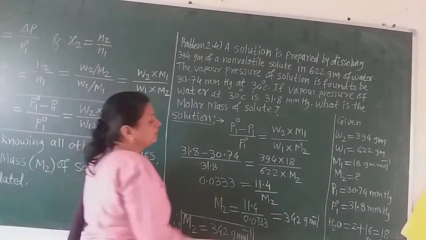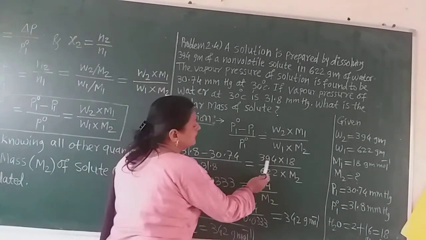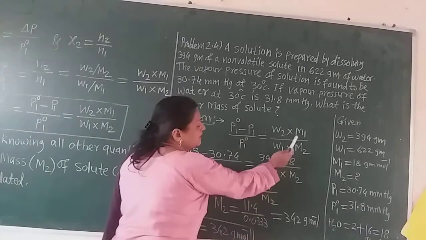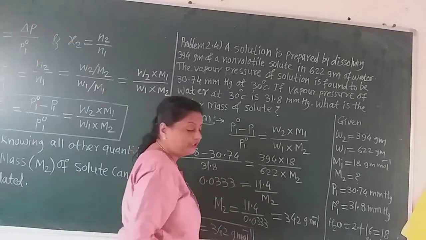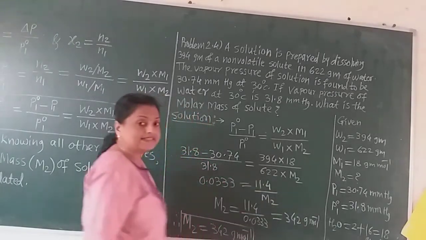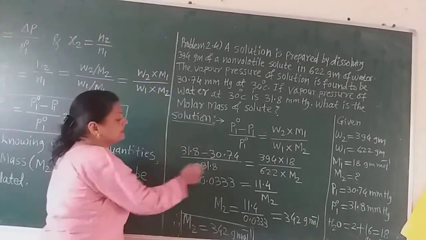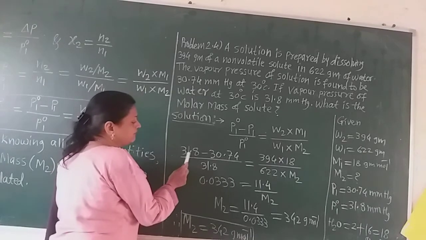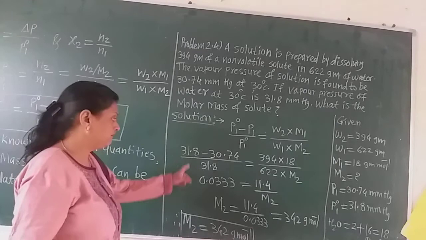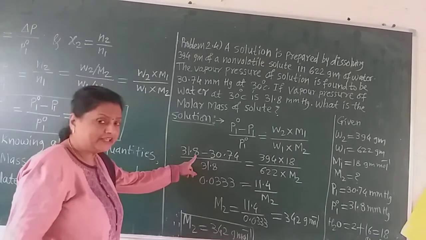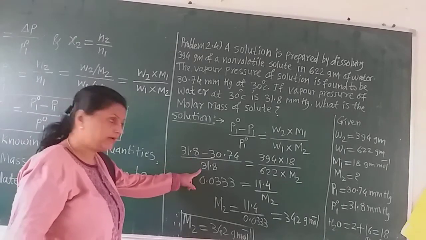And here W2 is equal to 394, M1 is equal to 18, W1 is equal to 622, and we have to calculate M2. First solve this: subtract 30.74 from 31.8, that is 31.80, and divide by 31.8.